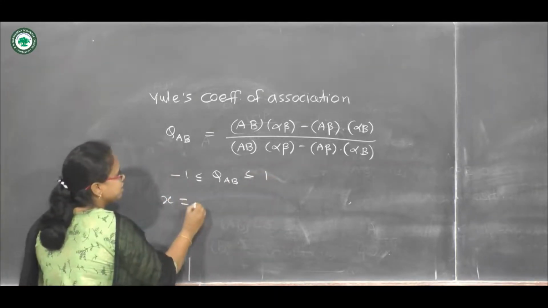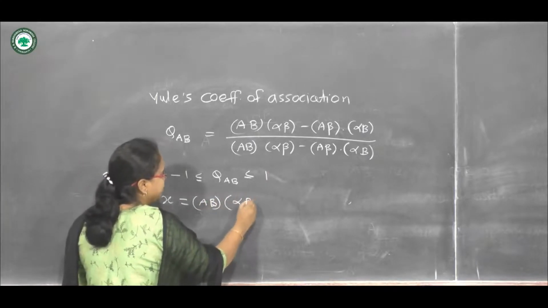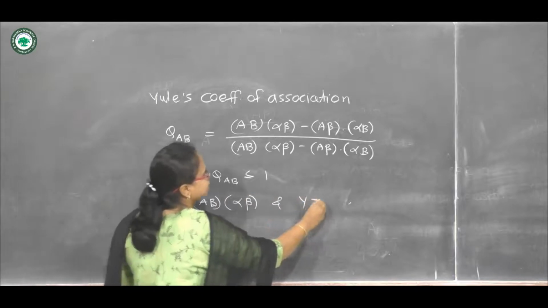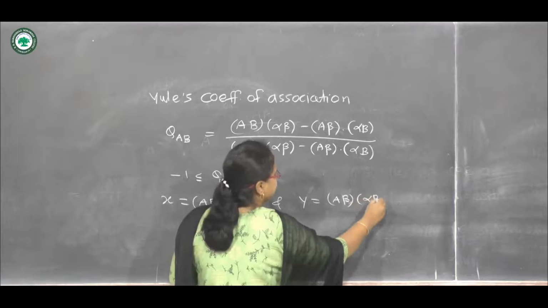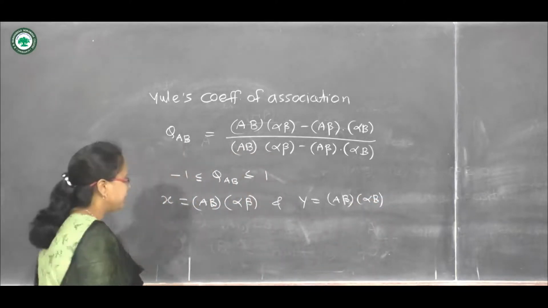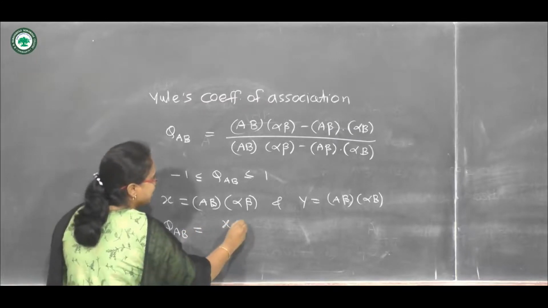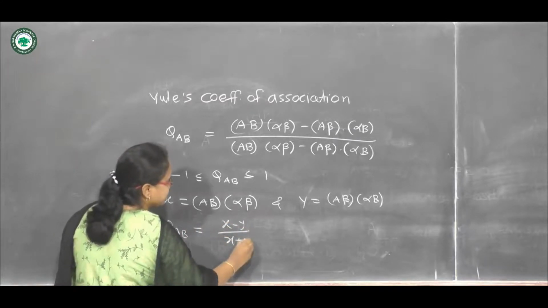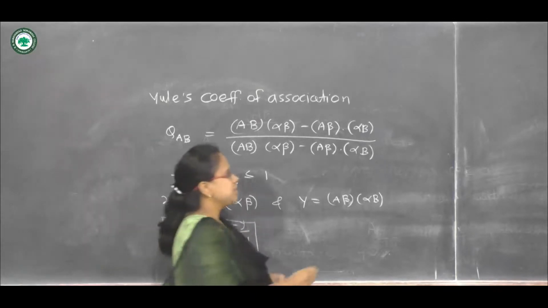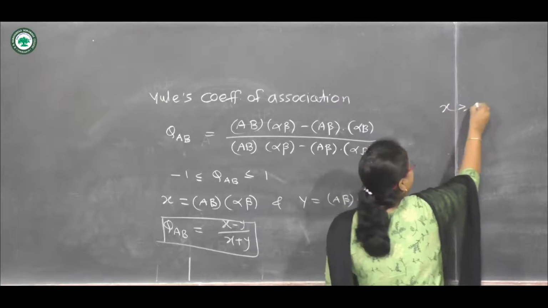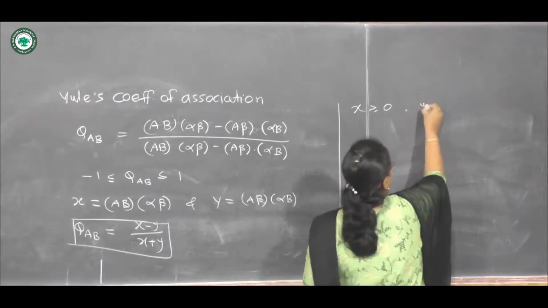Suppose x equals (AB)(αβ) and y equals (Aβ)(αB). So we are assuming this. Then Q_AB will be equal to (x minus y) upon (x plus y). Here the terms x and y are positive, so x is greater than or equal to 0 and y is also positive.